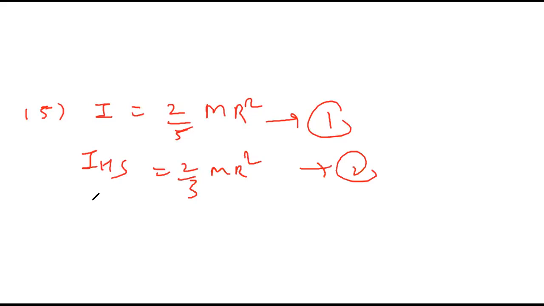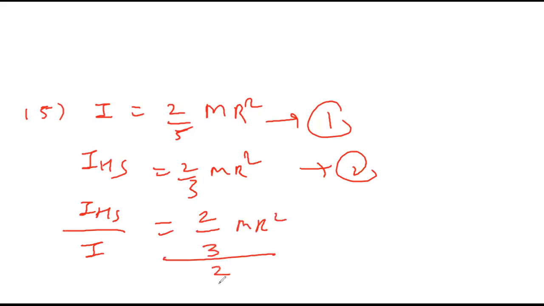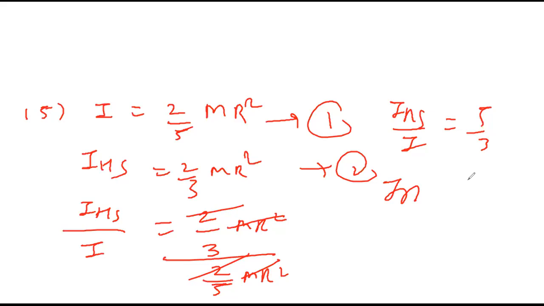That means I of hollow sphere upon I of solid sphere is 2 by 3 MR square divided by 2 by 5 MR square. MR square cancels, 2 cancels. We get I of hollow sphere is 5 by 3 I. So this is nothing but 5 by 3 I.